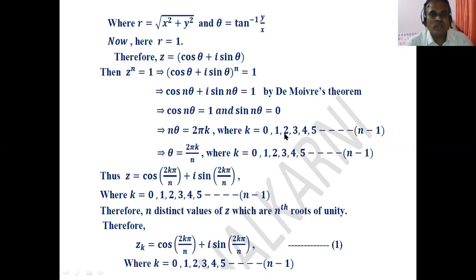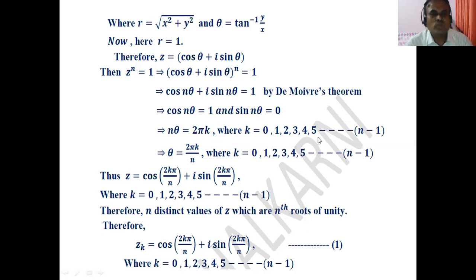Again, k equal to 2 gives 4 pi. 4 pi is even, so the cosine value is 1. Any even multiple of pi has cosine value 1, and the sine function for even multiples of pi is equal to 0. Therefore the angle n theta equals 2 pi k, where k equals 0, 1, 2, 3, 4, 5 up to n minus 1.